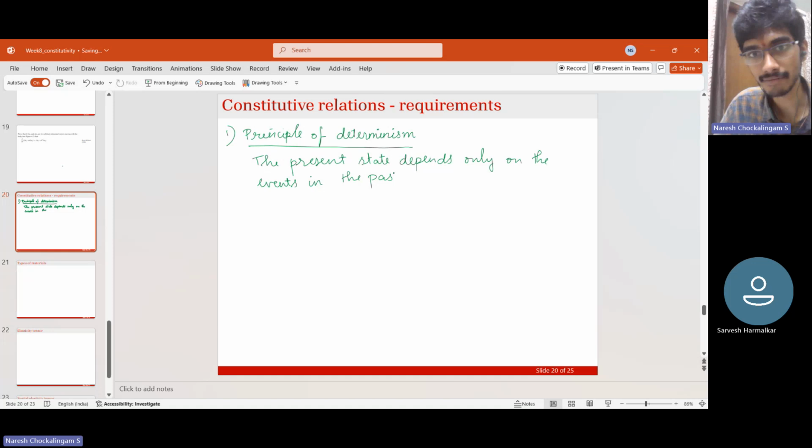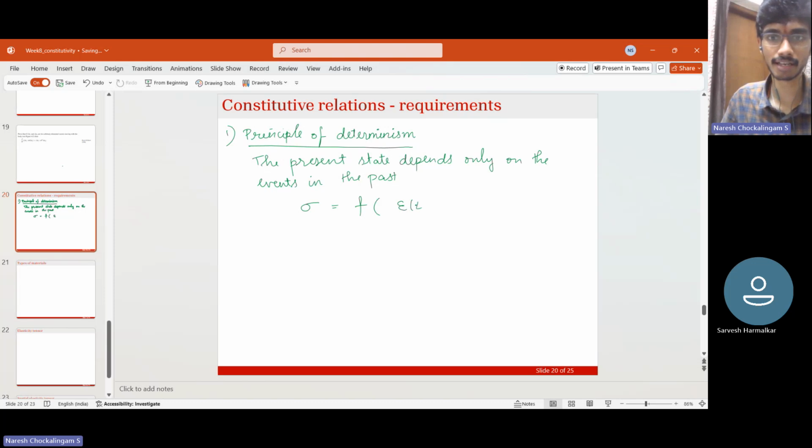So suppose there is a function that is relating the stress to some strain. It can only depend on strains from time t equal to minus infinity to the current time, right?